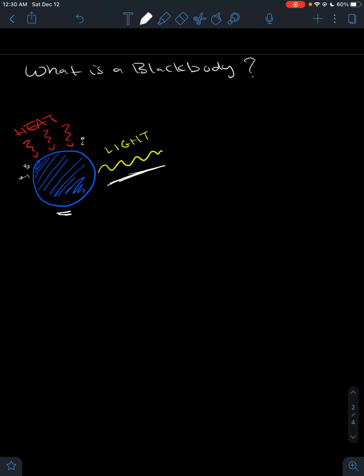The light is carrying the energy that this object once had, or that it got from those particles bumping into it. So an object gets heat and releases it as light. And that light is called blackbody radiation.